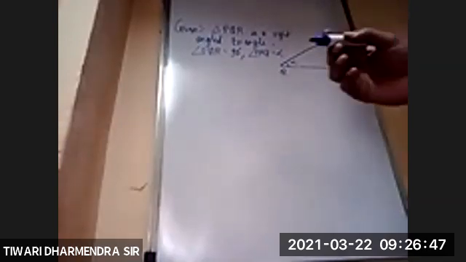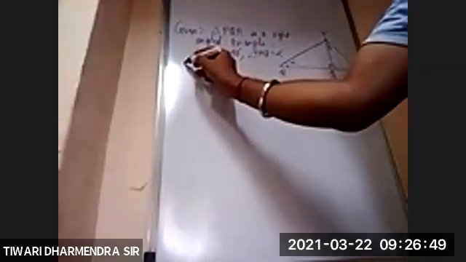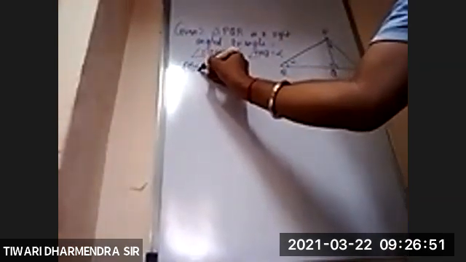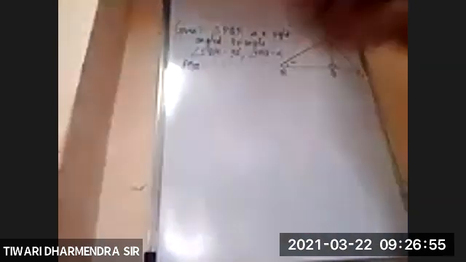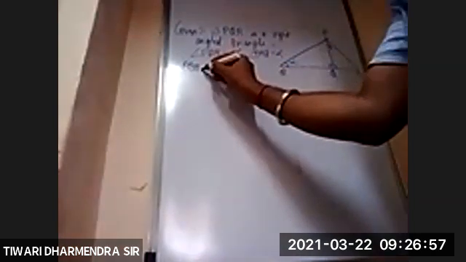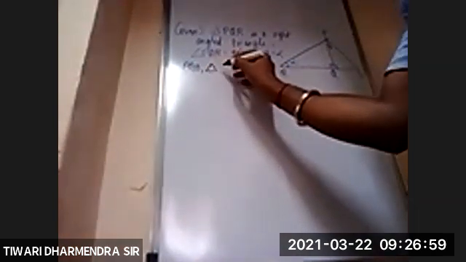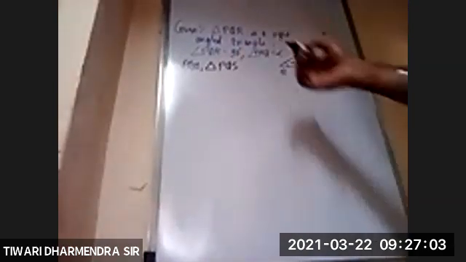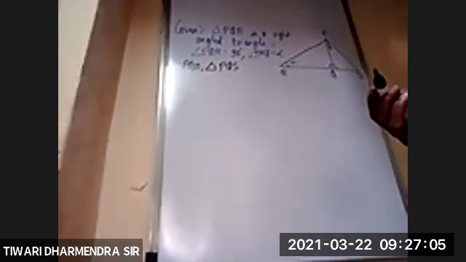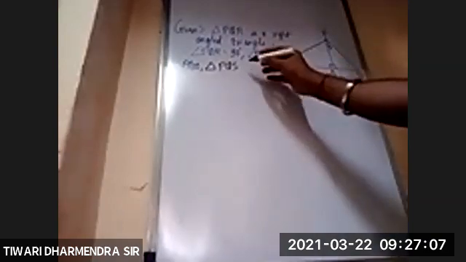Also, as we are dealing with another angle, I will be using black color. Triangle PQS, so that you can distinguish that we are dealing with two right angle triangles. That's why I'm doing this.